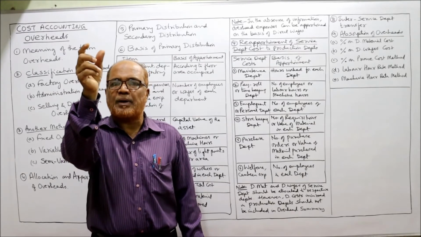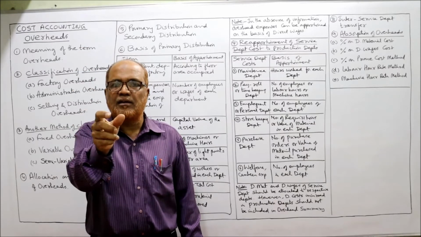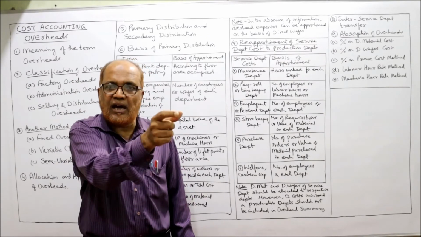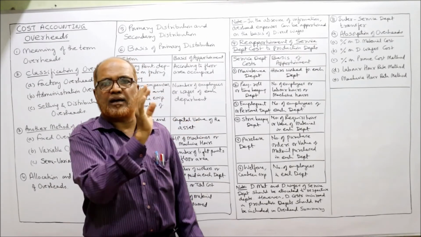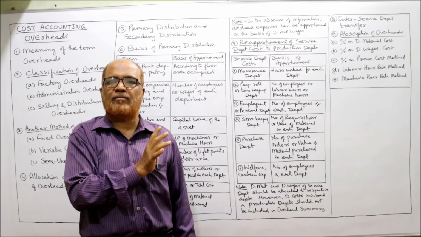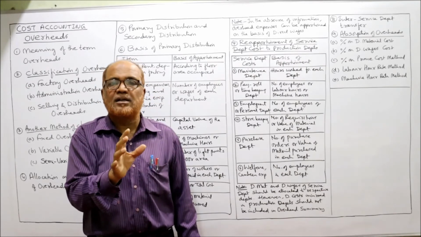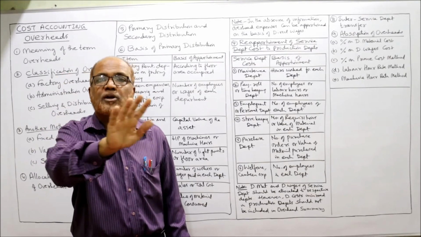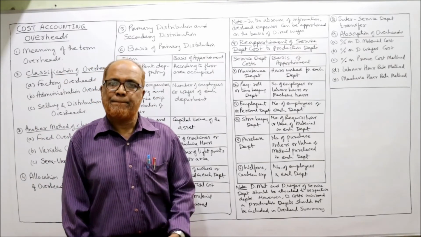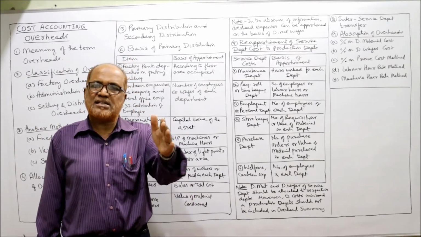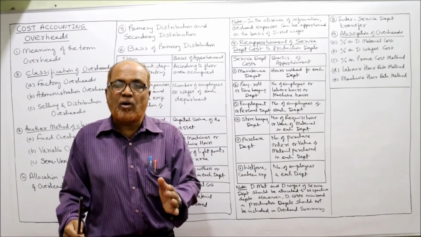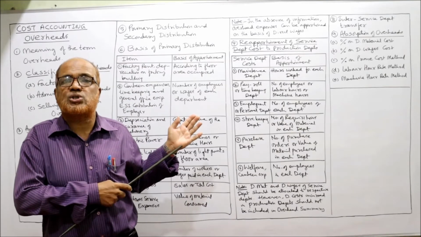Example, the service departments are D and E. If direct material and direct wages of D and E are given, then we should take direct material and direct wages for D and E. But direct material, direct wages and direct expense of production departments should never be taken, because they are a part of prime cost.